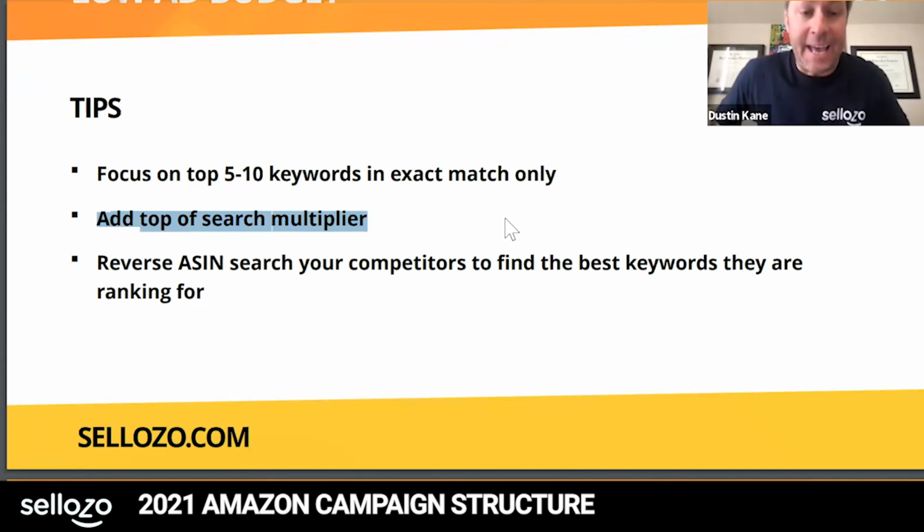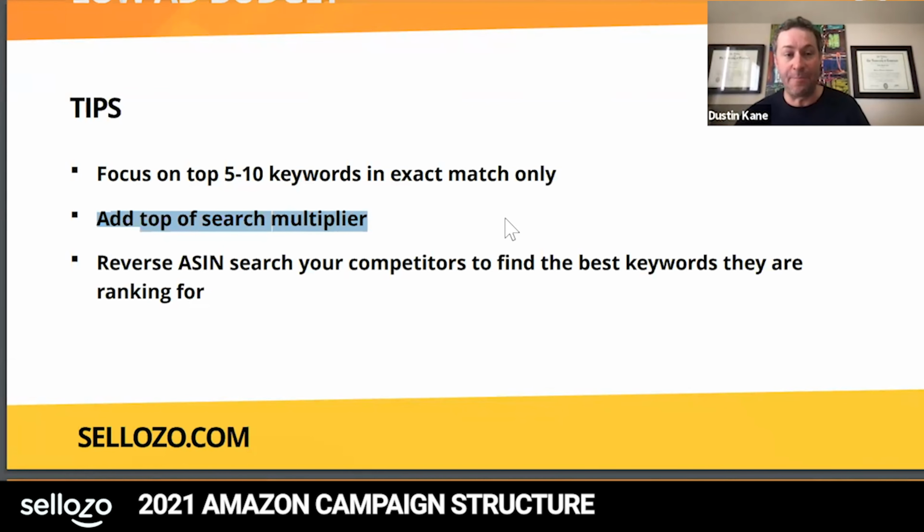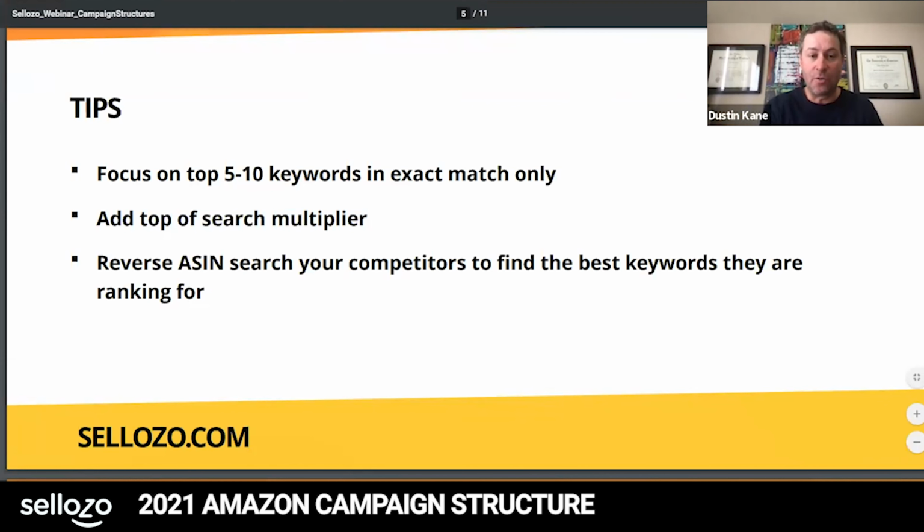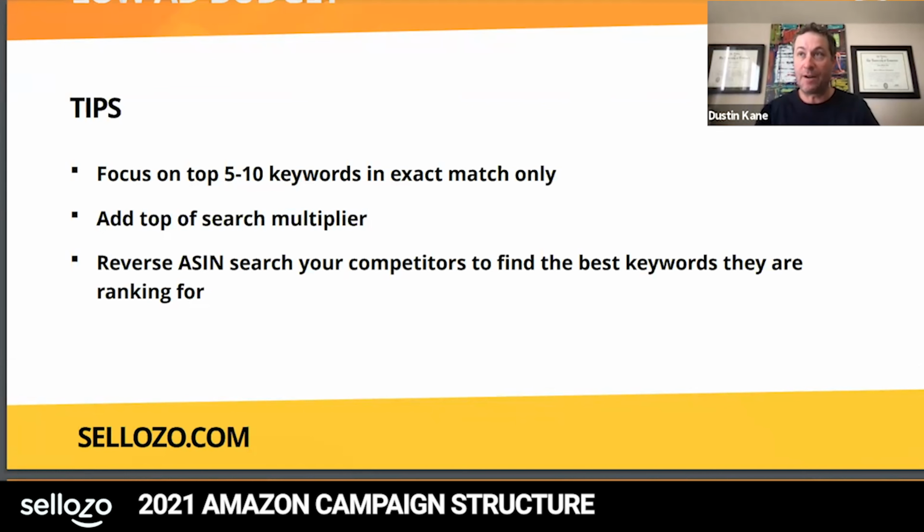So if we're talking again about having a lower ad budget, and now we've focused on just 5 to 10 keywords in exact match only, since you're focusing all your budget there, you can add a top of search multiplier. When you're setting up the campaign, you can go up to like 900% of whatever your bid is. Inside Sellozo, you can set this percentage really easily for these campaigns.